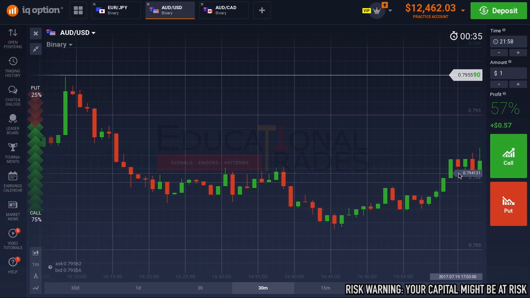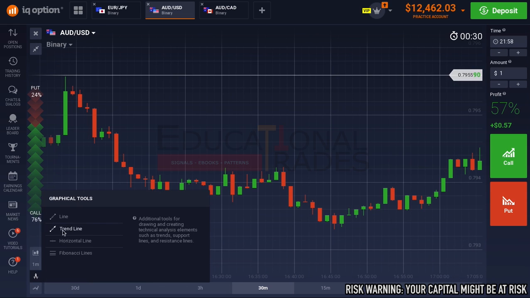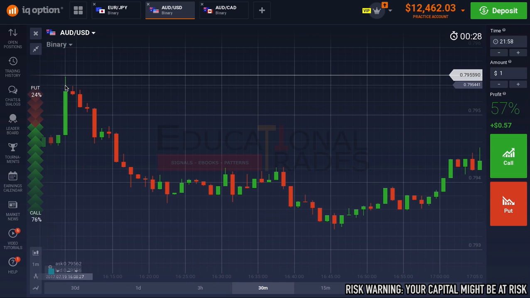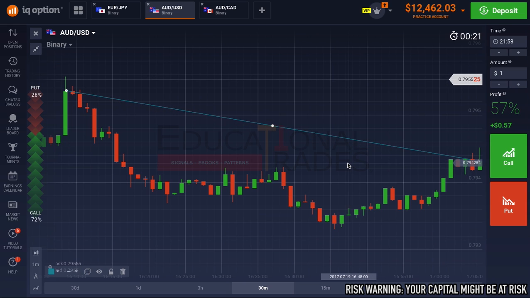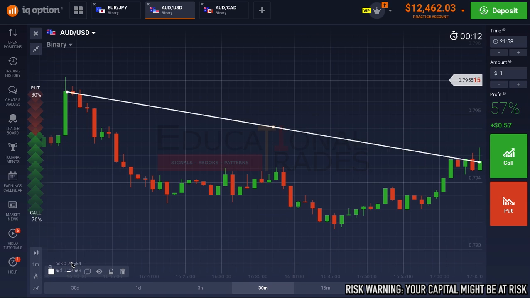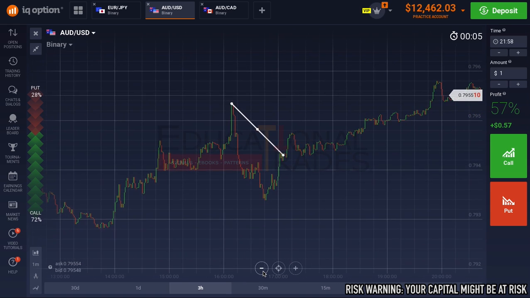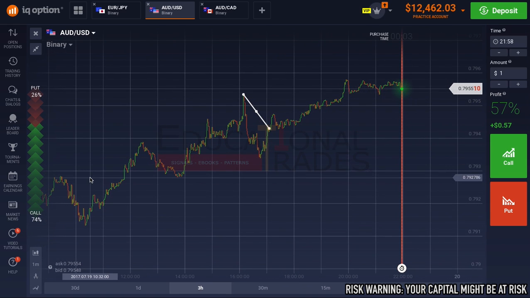In this example instead, we have an hourly descending trend. If you zoom out the chart, you can see that the major trend is strongly ascending.